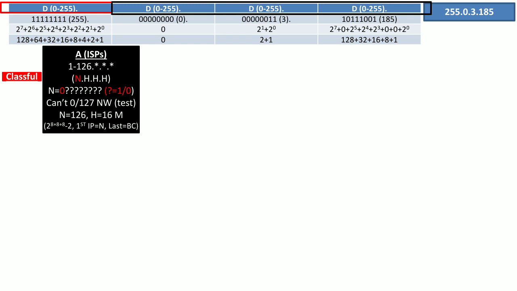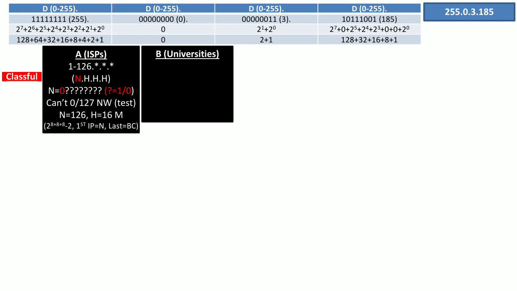So this class B IP address is used by universities. In class B, if you see an IP address with a value in the first octet between 128 and 191, then it means that this IP address belongs to class B. And in a class B IP address, the first 2 octets are used for network addresses, and the last 2 octets are used for host IP addresses in each of those networks.